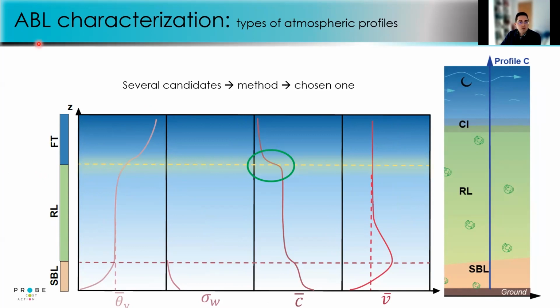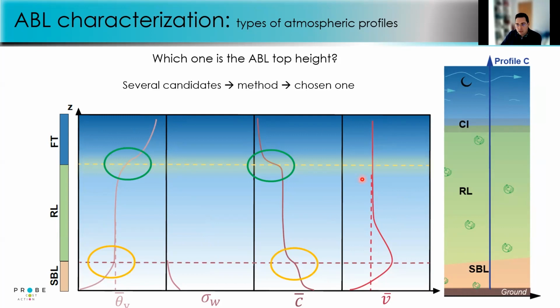Depending on the moment of the day, or simply because we don't have this idealized evolution or profile but real measurements, we may have more than one change in the profile with height.